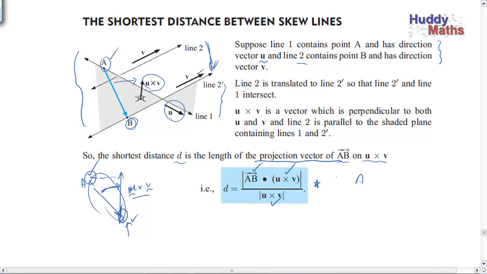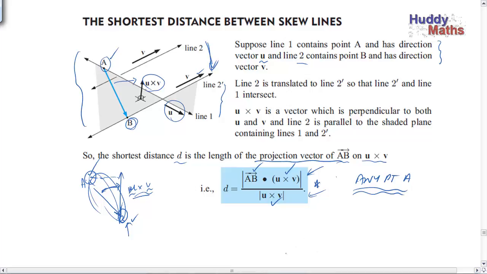So it can be any point A, and it will differ only in as much as when you have that vector, the projection is going to handle those differences for you. Okay, so it can be any point A, and its projection on U cross V. So this is going to vary, and so is this, therefore. But our ratio is going to be the same at the end.